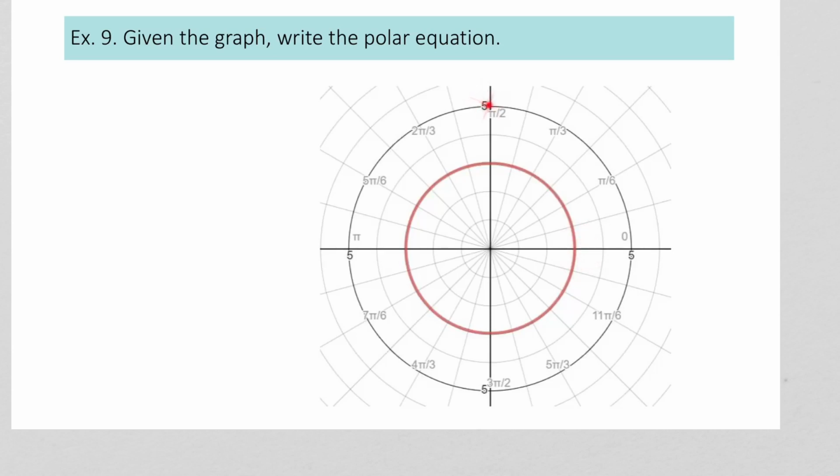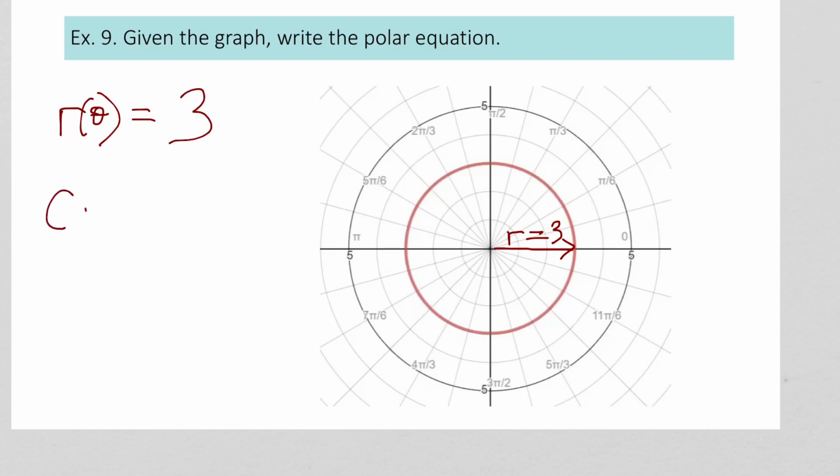See, this is a 5 here, so this is 1, 2, 3, 4, 5. So this is a radius of 3. This circle here is a radius of 3. In fact, we just say our equation, r of theta, is equal to 3.